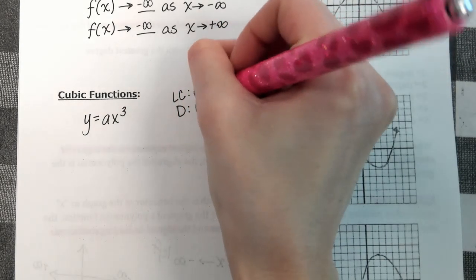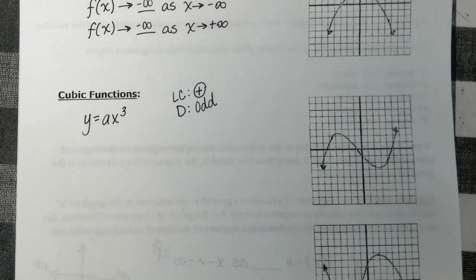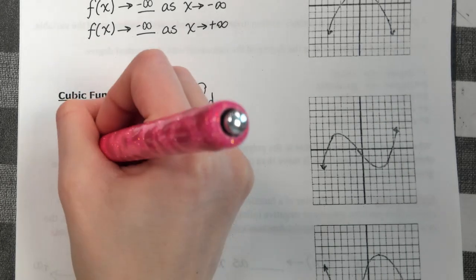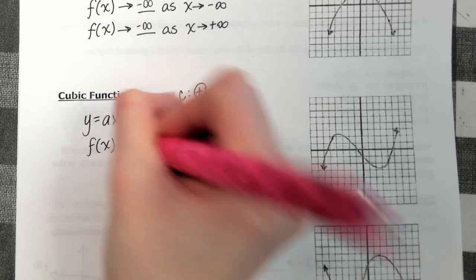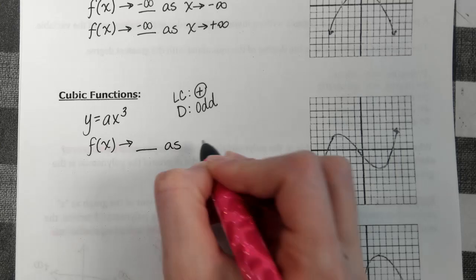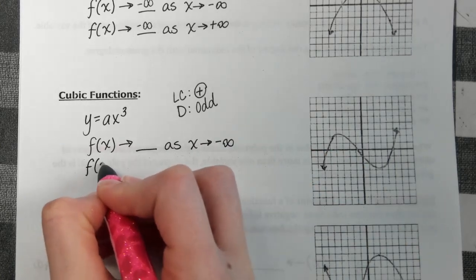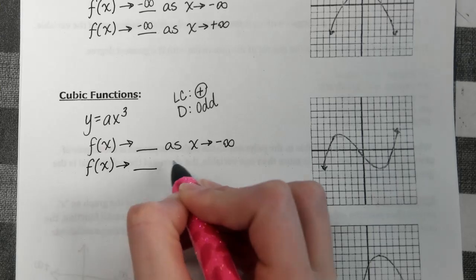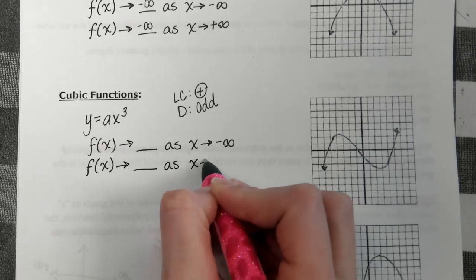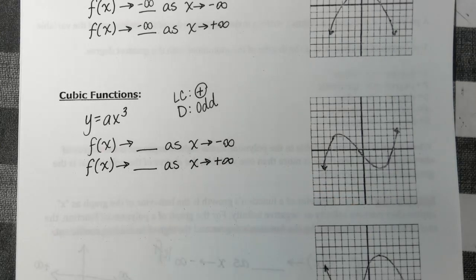Odd, because my degree as a number would be what? 3. Okay? So when I do my end behavior, f of x approaches blank as x approaches negative infinity, and f of x approaches blank as x approaches positive infinity.